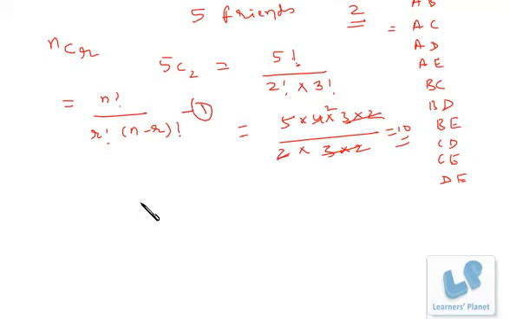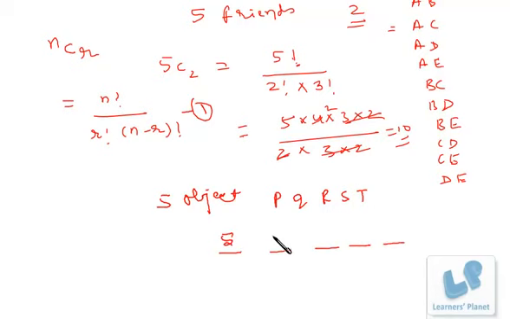Now second thing, if we have to arrange n objects in various ways, how many ways will be there, right? Let's take an example. Suppose I have 5 objects, that is P, Q, R, S and T, and I have to arrange them at 5 places, right? So for the first place I have 5 choices, for the second place 4, then 3, then 2, then 1, right?